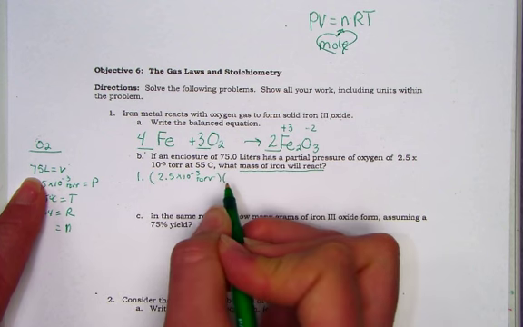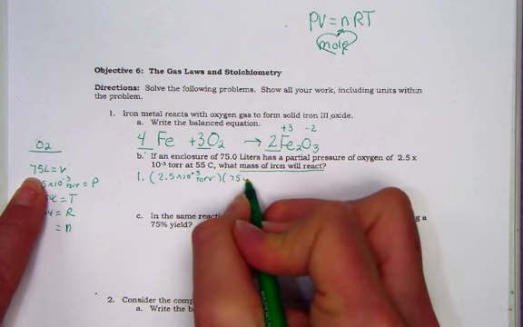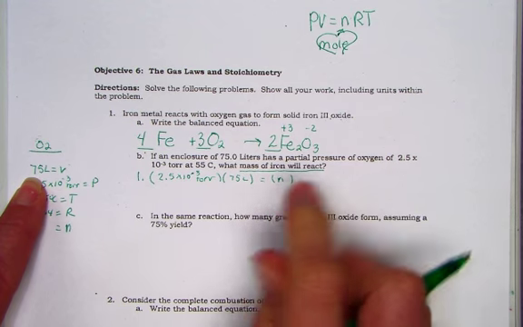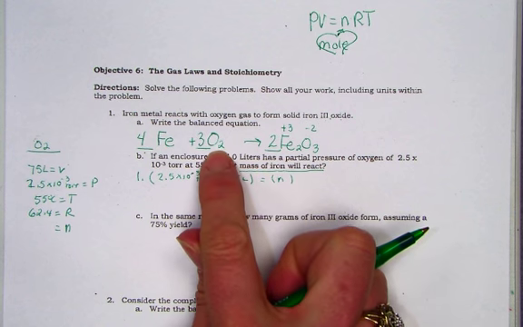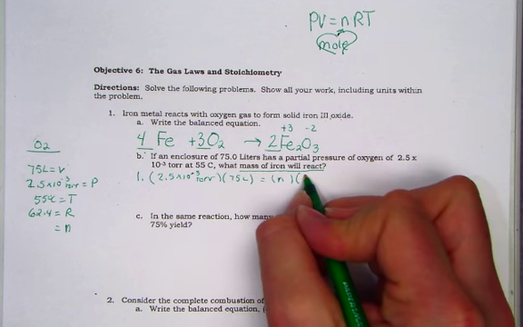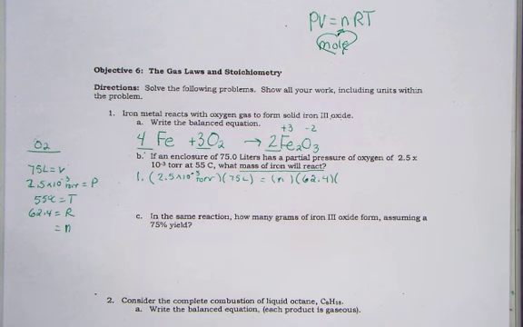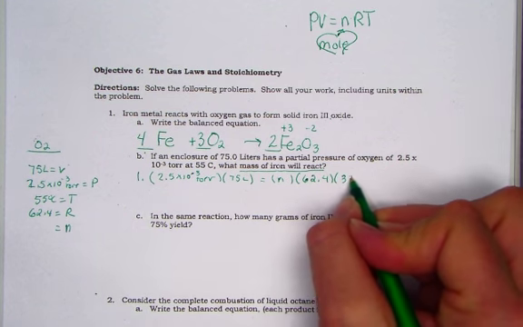Volume, already provided in liters, was 75. We're pulling out n, where n stands for the number of moles of the oxygen. R is the constant, 62.4, and the Kelvin temperature, let me add 55 and 273, and I find 328 Kelvin.